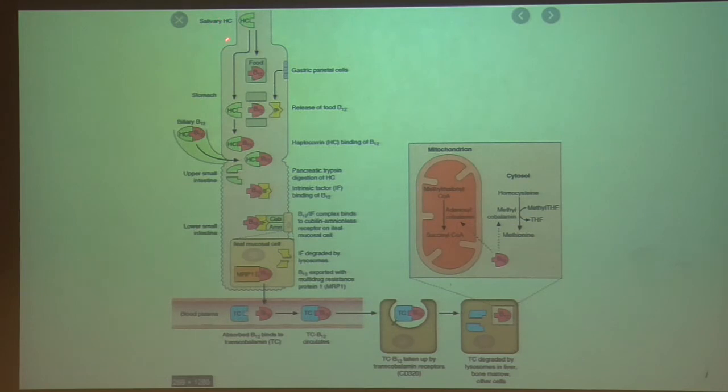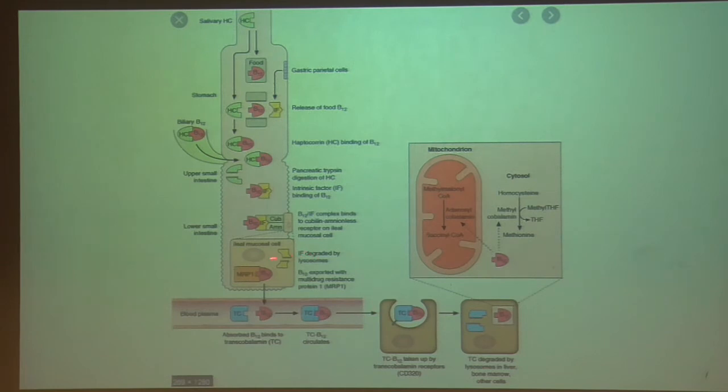So again, haptocorrin from the salivary glands is released, and in the stomach, when B12 is released from food, B12 is bound to haptocorrin, which stabilizes it in the acid environment. Then in the first part of the small intestine, when it's alkalinized, haptocorrin is released and B12 binds to intrinsic factor. Then in the lower small intestine, this B12-intrinsic factor complex binds to the cubilin receptor and is absorbed.